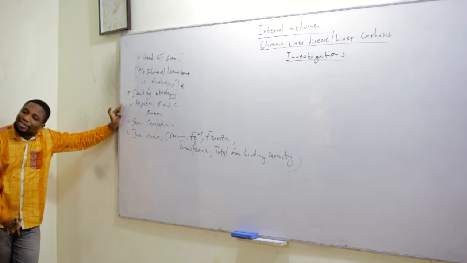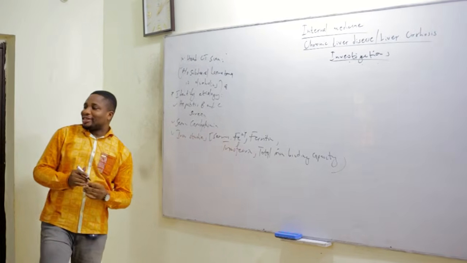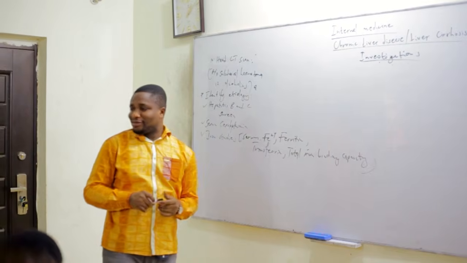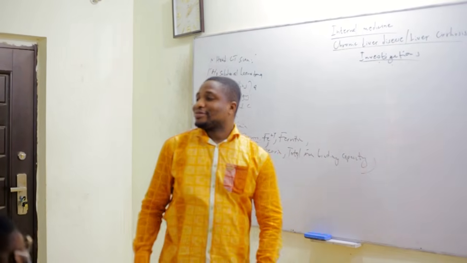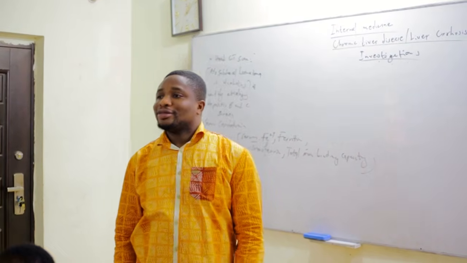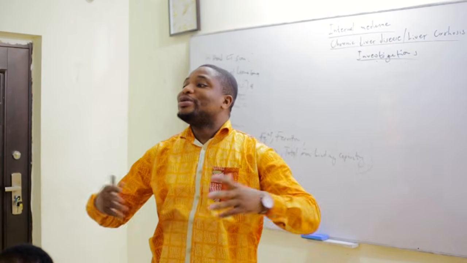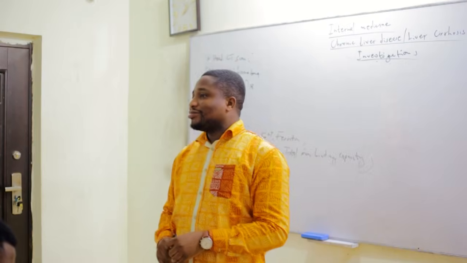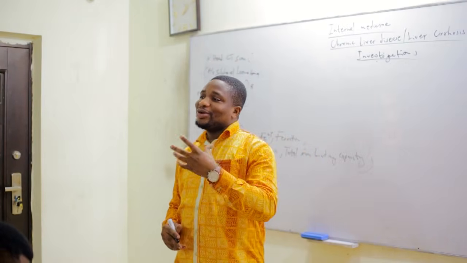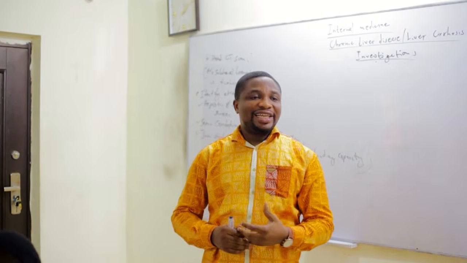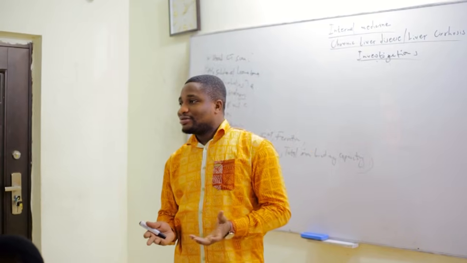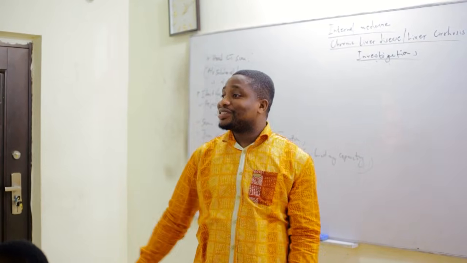Now let me ask this question: why is iron so important in a woman's body? What chemical property of iron makes it so important? We know iron helps in the transport of electrons, and even the transport of oxygen, right?